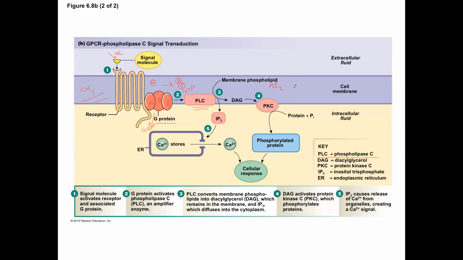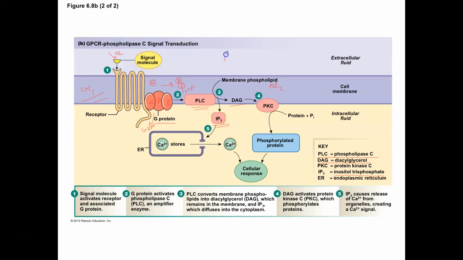And what you're going to do is take that membrane phospholipid and enzymatically, using phospholipase C, convert it into IP3. IP3 stands for inositol triphosphate. If you forget, it's right here in the key. And you're also going to get this molecule, DAG. That stands for diacylglycerol. Okay.